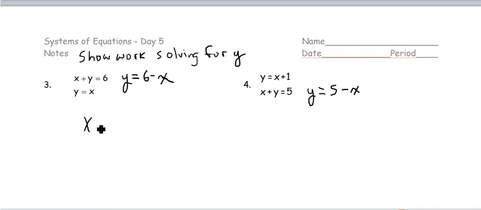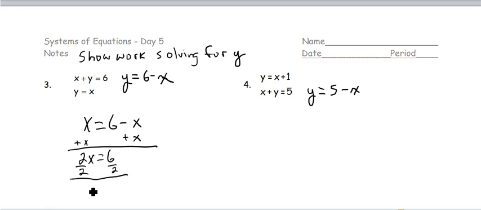We have x equals 6 minus x. Well, what happens here is we're going to add here, add here. We have 2x equals 6, divide by 2, divide by 2, x equals 3.